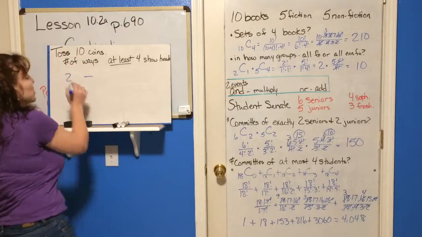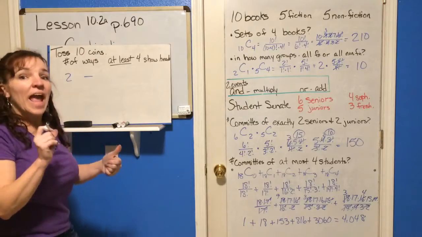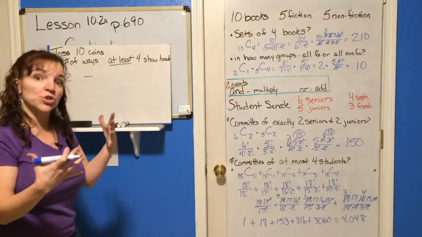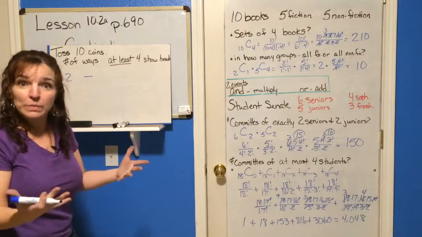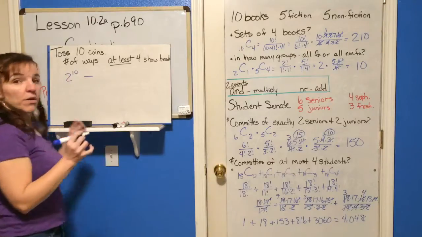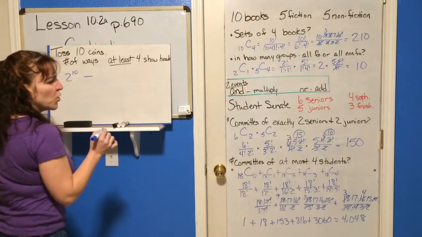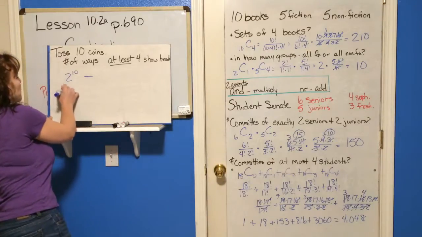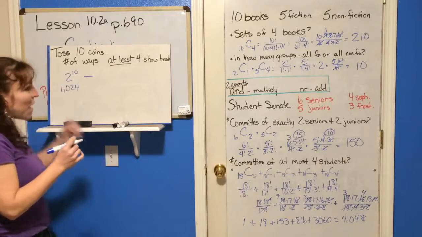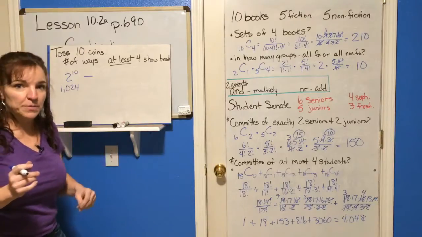There's either heads or tails, and we're going to do that 10 times. So 2 to the 10th power is what we've got. That's a total of 1,024 different possible outcomes.